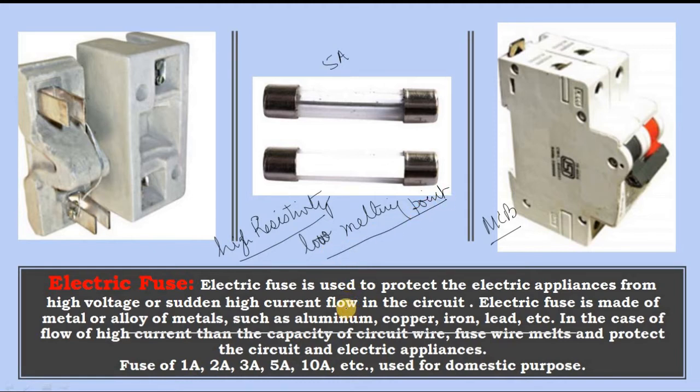So why do we keep it this way? Because if the current flows more than the capacity of the circuit, before the circuit melts or gets damaged, this fuse wire will break. यहाँ से ऐसे करके break हो जाएगा. The fuse wire will break and stop the current from flowing further. जैसे ये दिखा रखा है यहाँ पे वायर बिल्कुल टूट गया है इसके अंदर का, तो क्या होगा, उससे आगे करंट फ्लो ही नहीं होगा, क्योंकि जो ये हमेशा फ्यूज वायर के कनेक्टिविटी आपने प्रीवियस चैप्टर में पढ़ा हुआ है. फ्यूज वायर इज ऑलवेज कनेक्टेड विद लाइव वायर इन सीरीज.